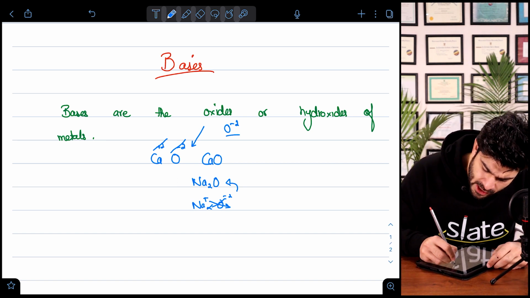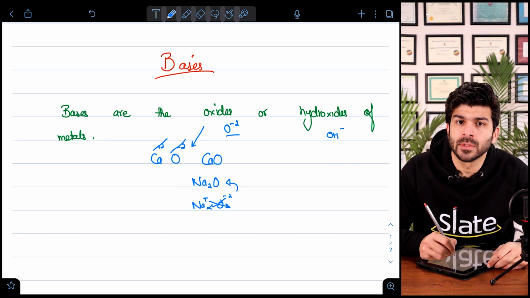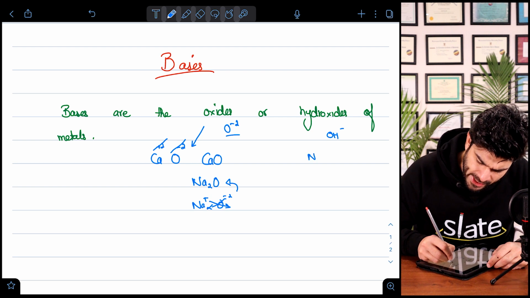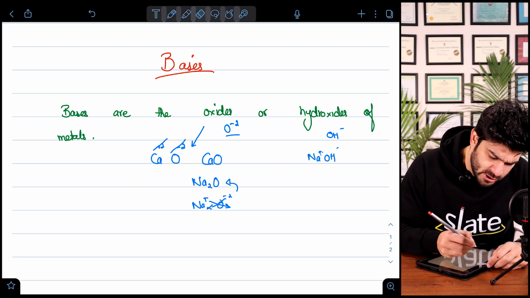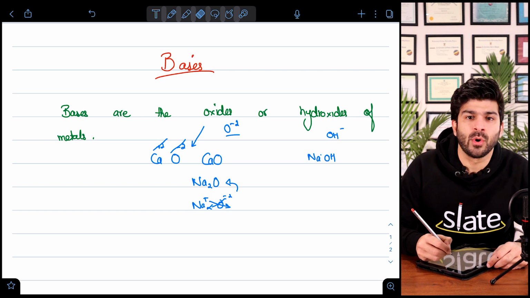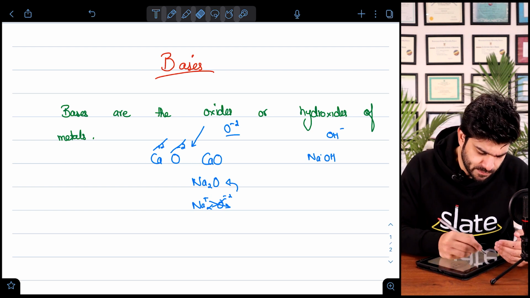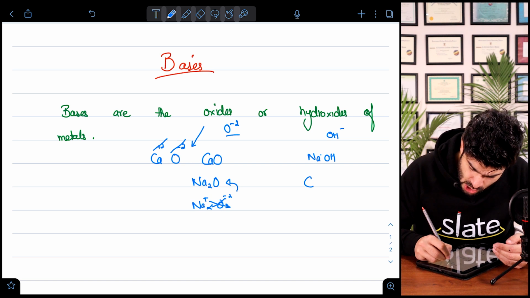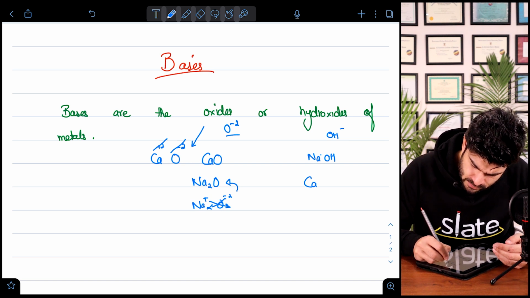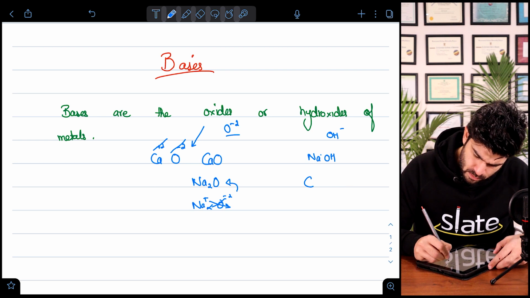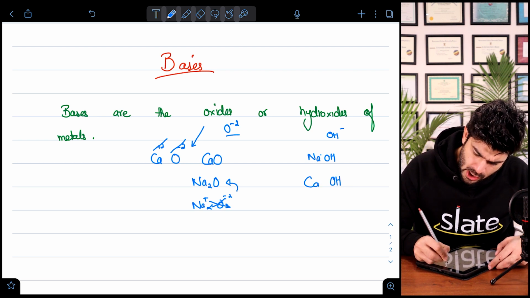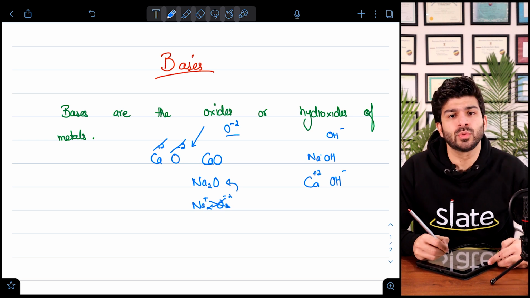And the hydroxides, they contain the OH- group. So Na is +1, OH is -1. You cancel out the charges, and you're at the end left with NaOH. That's a hydroxide. Likewise, for calcium hydroxide, hydroxide is -1, calcium is +2.